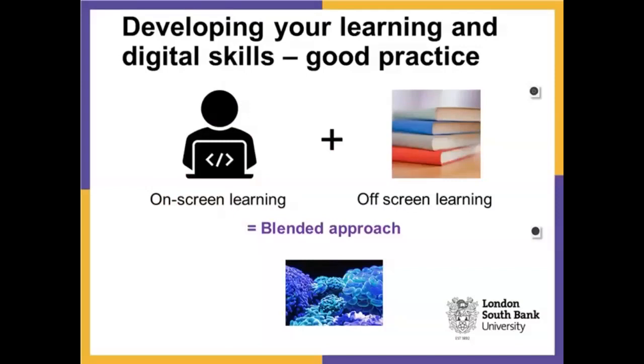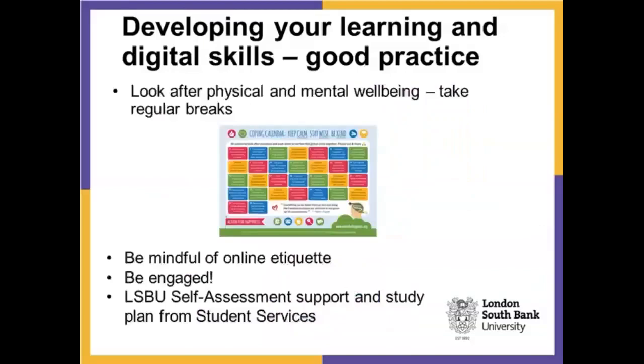Just before we do that, consider the different environments you will be learning in and where you may need to switch on and off in these different environments. This is what we call a blended approach. Part of developing these learning practices and digital skills is thinking of your physical and mental well-being.